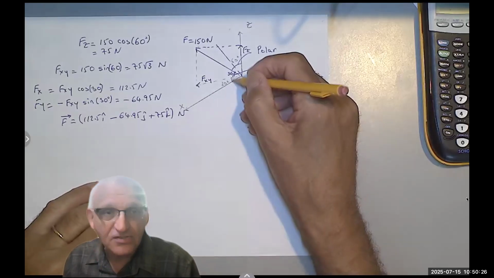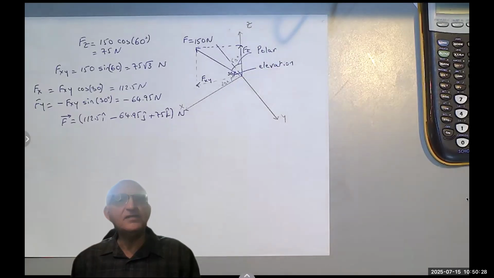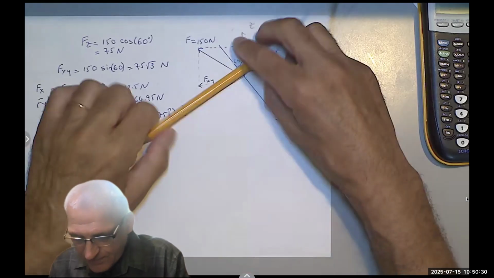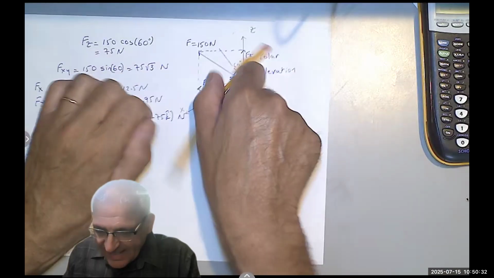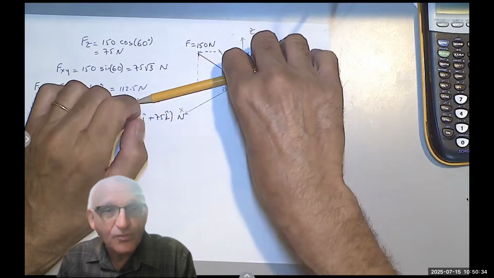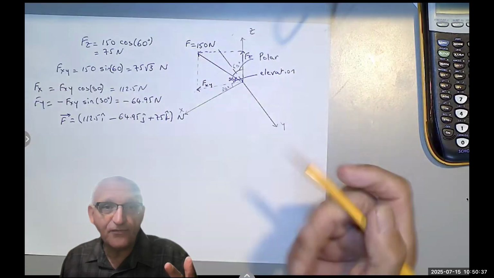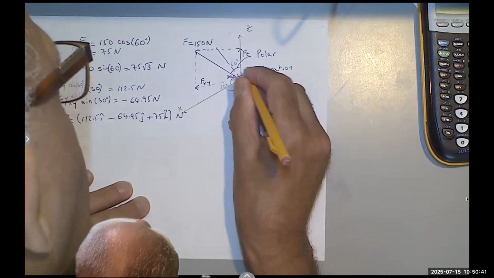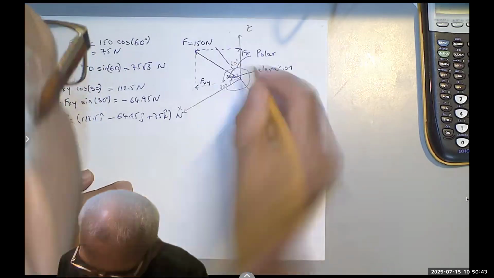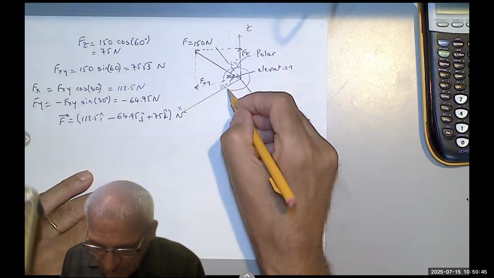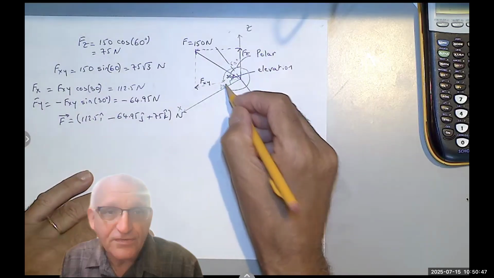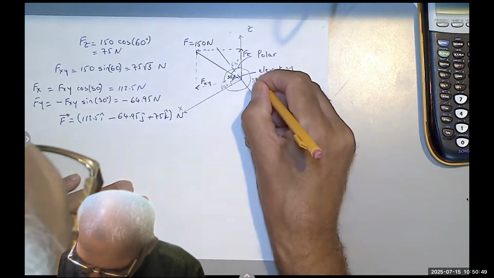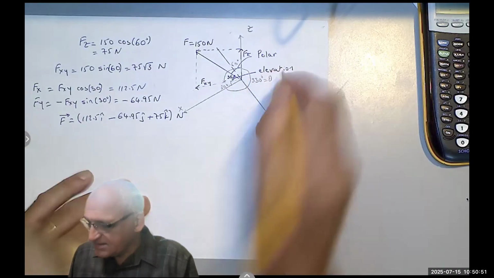But don't tell me it's 30 degrees. No. How did we calculate it? We start from the x, and we went counterclockwise until we got to the force we want. So this is theta, which is a whole circle 360 without the 30. So it's 330 degrees. This is theta.